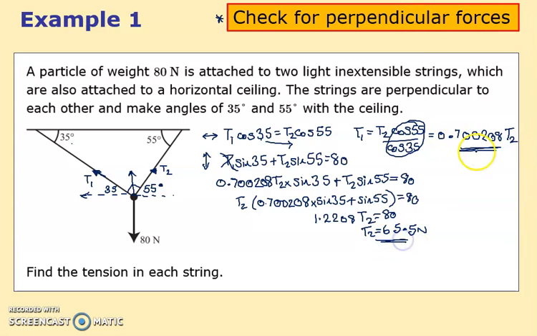And of course I've got this formula now for working out T1. T1 is this decimal times what I just got. So I can just times it by 0.700208. I get 45.9 newtons. There, right? Yeah, I'll just check the textbook and they look right.